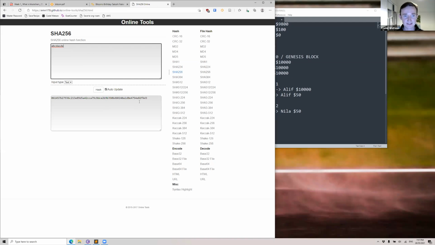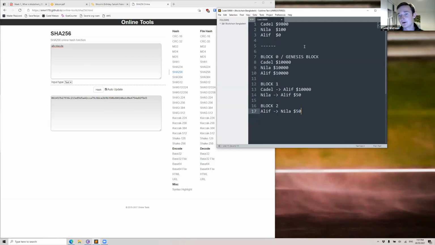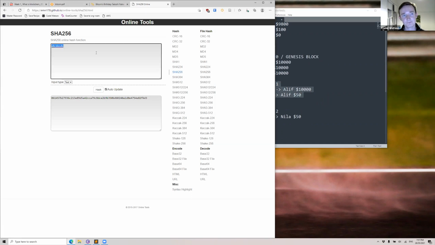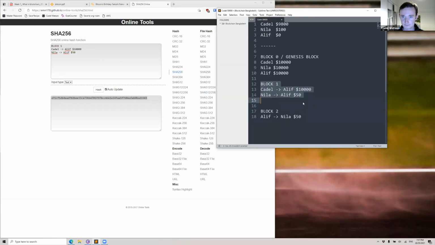So how can we use these hashes to give us that tamper-resistant property that we're looking for? Well, one way, and the way that Bitcoin does it, is that after it generates each block, it takes the contents of that block and hashes it like this. So we now know that block 1 has that hash.